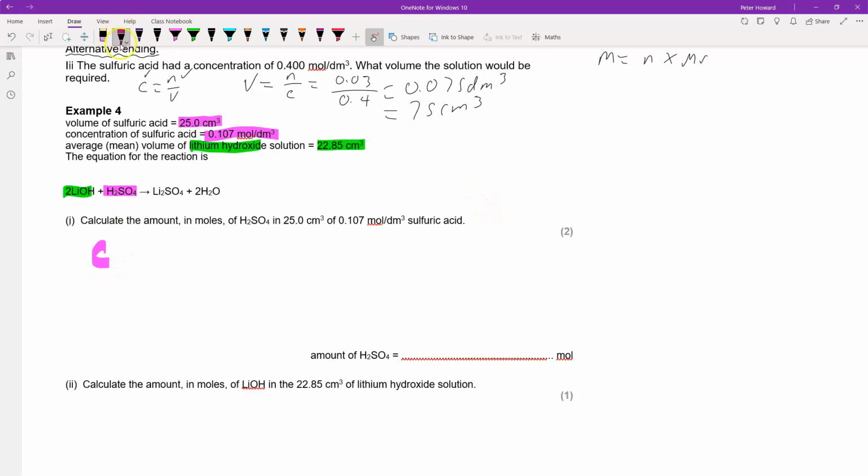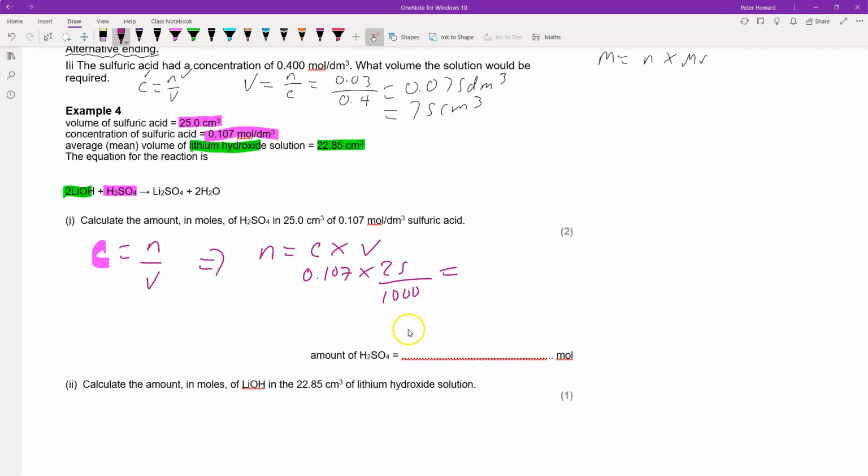Again, concentration equals moles divided by volume. Therefore, number of moles is concentration times volume. Concentration 0.107 times 25 over 1,000 gives us an answer.